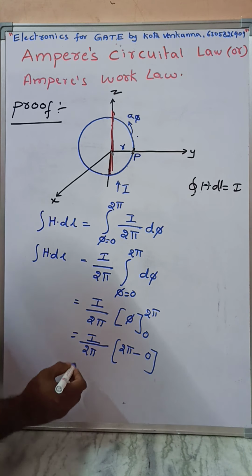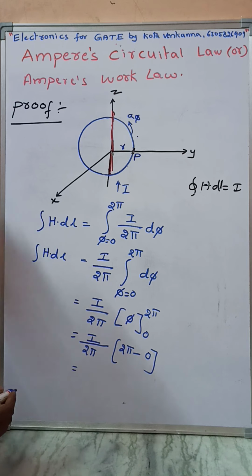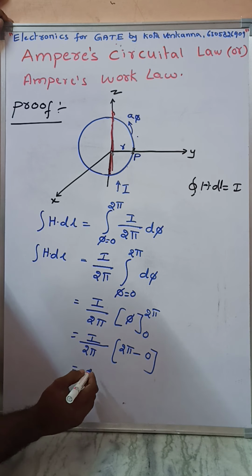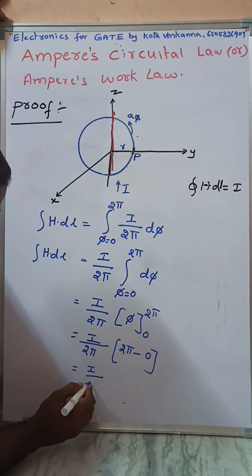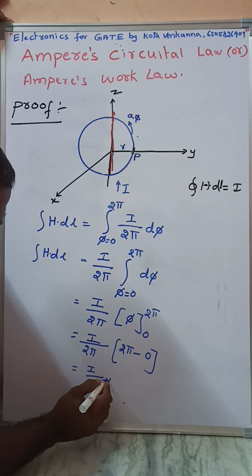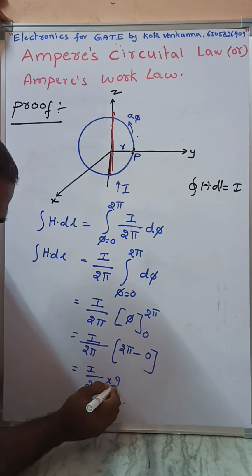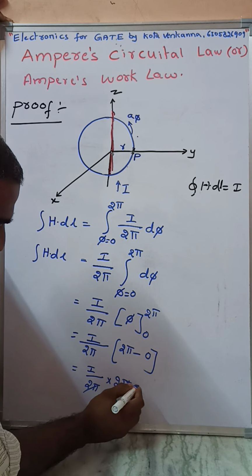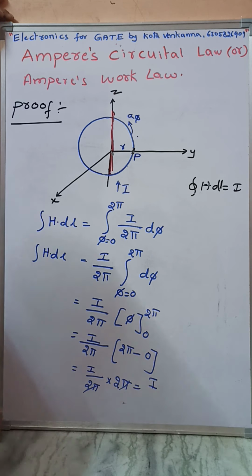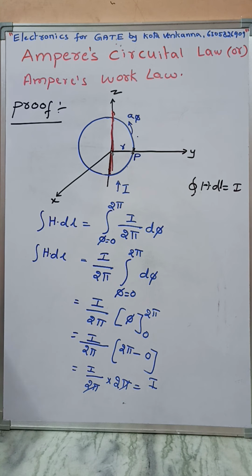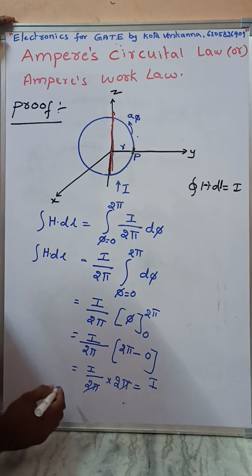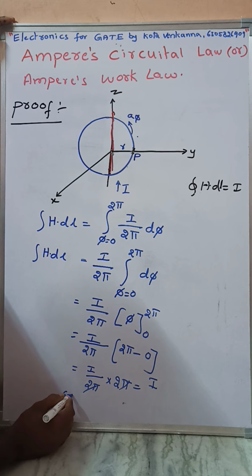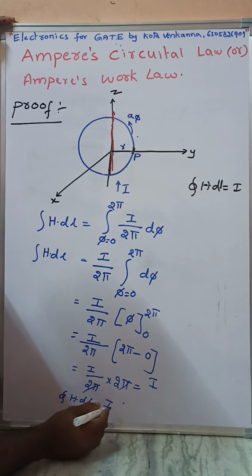So it is equal to I by 2 pi into 2 pi. The 2 pi cancels, and the remaining value is I. So the integration of H dot dl is equal to I.